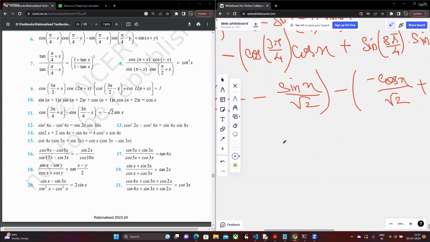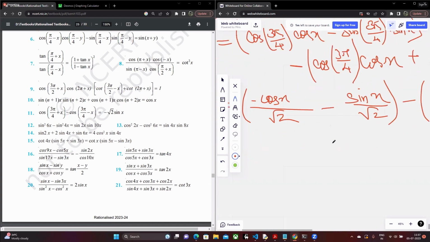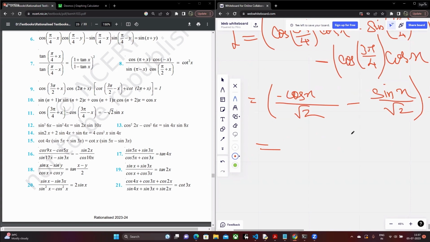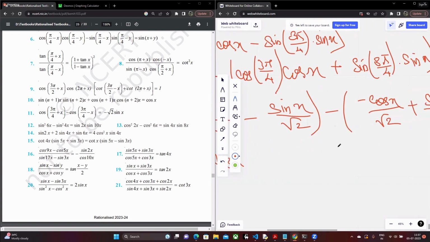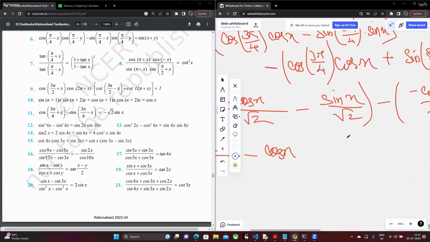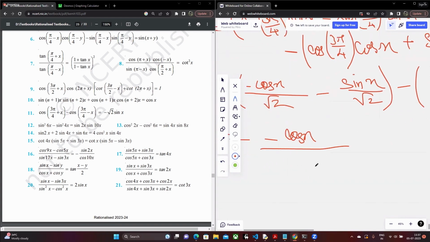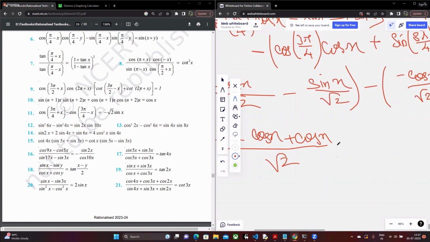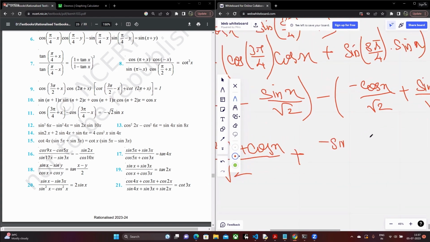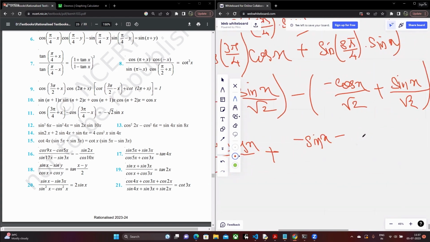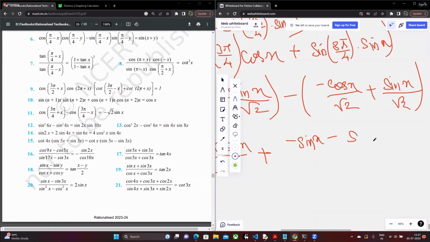Now removing the brackets, you are basically left with minus cos x. Minus of minus is plus, so this is going to be minus cos x plus cos x divided by root 2, plus minus sin x, because minus and plus is minus, minus sin x divided by root 2.